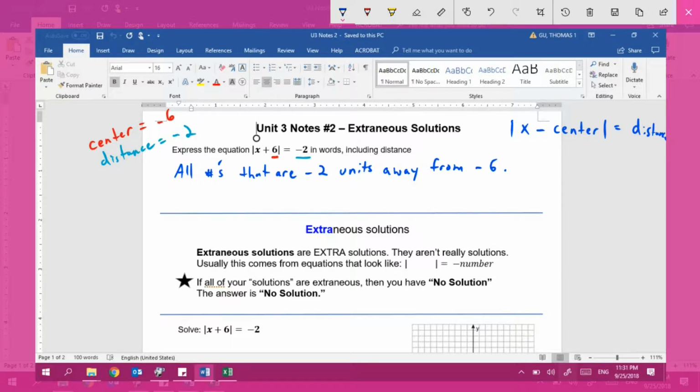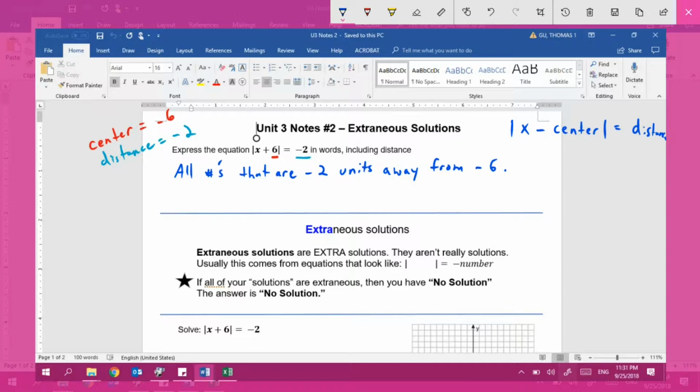However, does that even make sense? Do you ever tell somebody, yeah, I'm -2 feet away, I'm -2 miles away, I'm almost there, dude? We don't say that because can an absolute value be negative? Look at this equation. We're saying the absolute value of x plus 6 equals -2. But remember, absolute value is always positive.